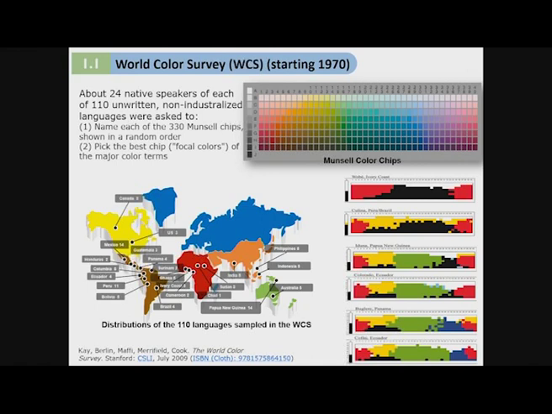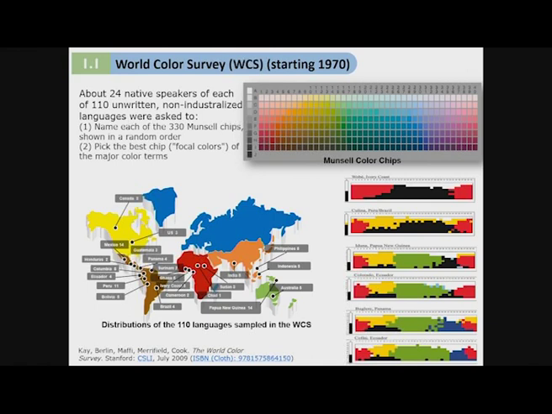For each language, about 24 native speakers were asked to name each of these Munsell color chips in their own language, and then, for each color term, pick the best representative color chip from this system as the focal color for that particular color category.